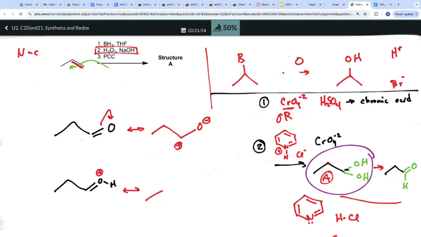I have this resonance structure, right? Which of these two scenarios is more likely to react? Top or bottom? Probably bottom. Why? Because O doesn't like being positive.